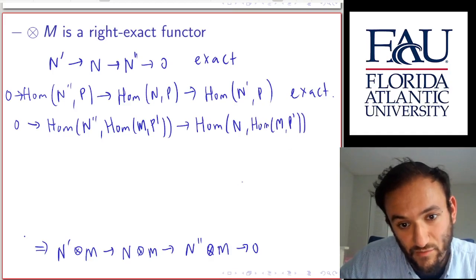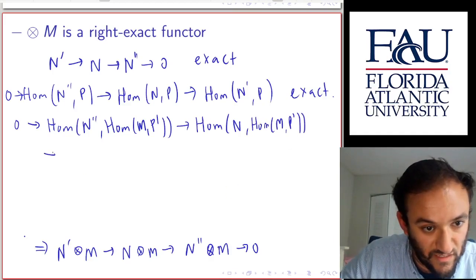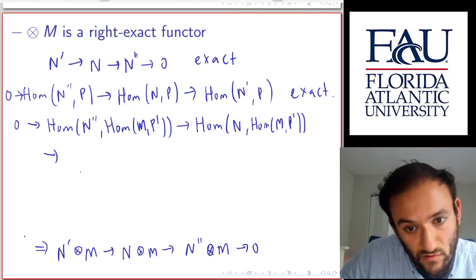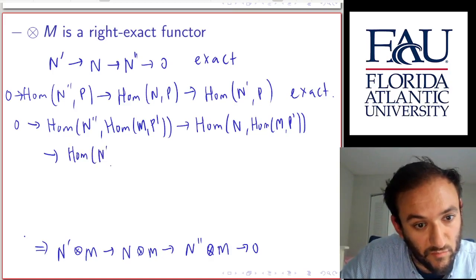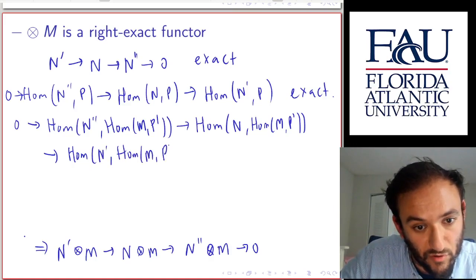Here I'm just setting what p is. I'm not doing anything fancy. To Hom of n prime to Hom of m p prime. This is also exact.